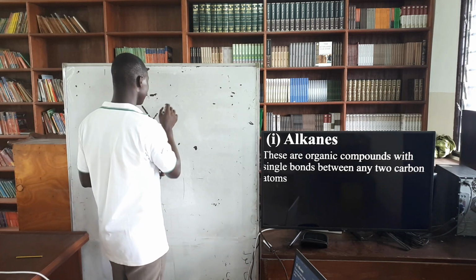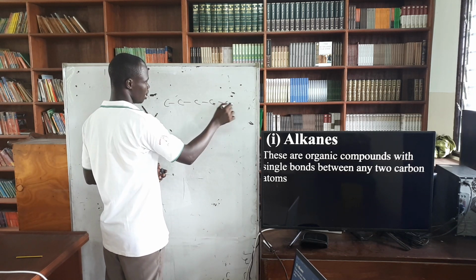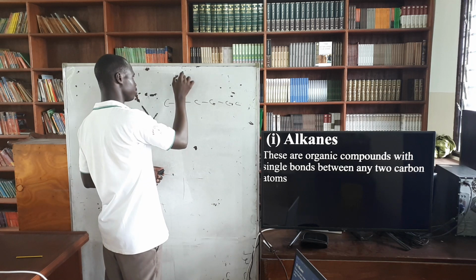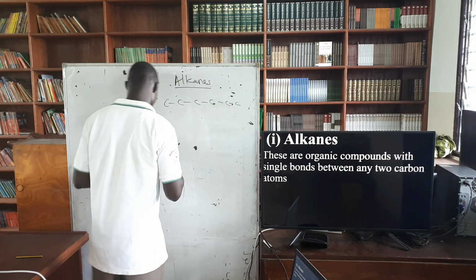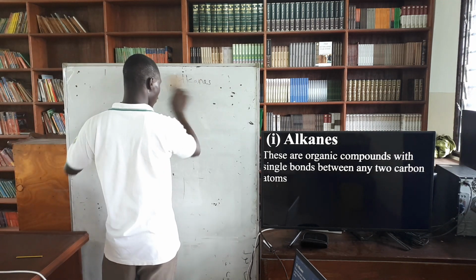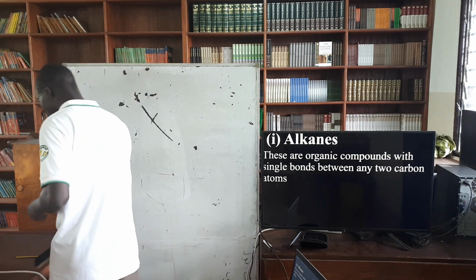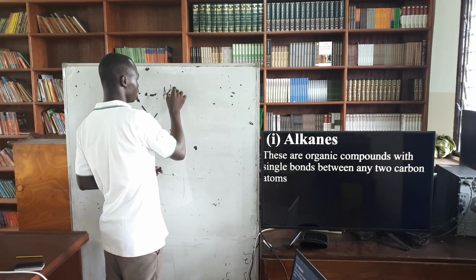So all the bonds in alkanes are single bonds. Now, that's what alk is, something I want you to notice.